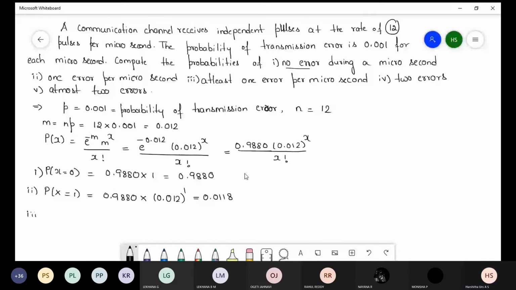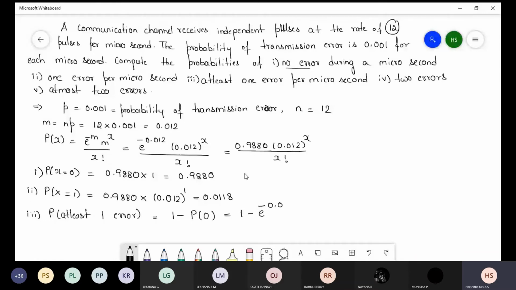Next, third one, at least one error. So P of at least one error means 1 minus P of 0. That is equal to 1 minus e power minus 0.012. We all know P of 0 value is 0.9880.